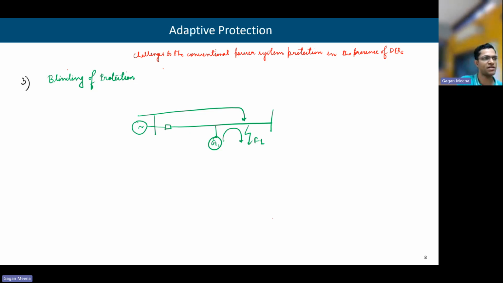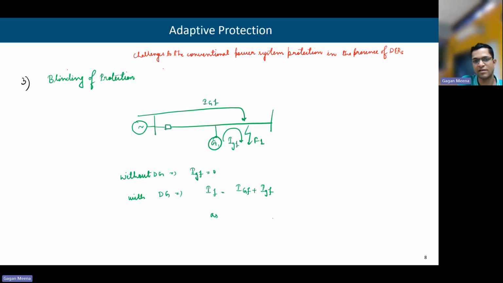So without DG, when DG was not there, and if there is a fault, IGF is 0. This is small IGF, and this is capital IGF. So small IGF is 0, and with DG present, the fault current is equal to capital IGF plus small IGF.